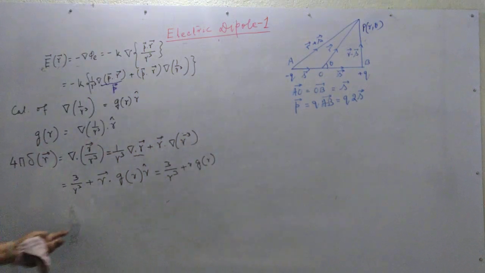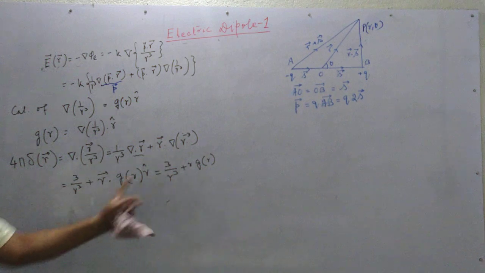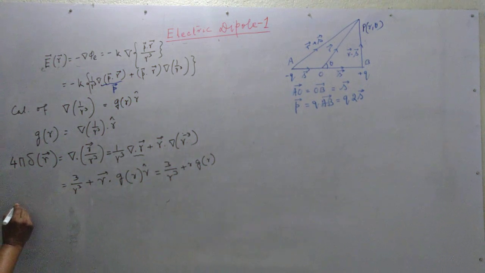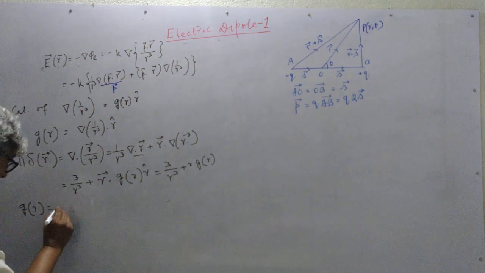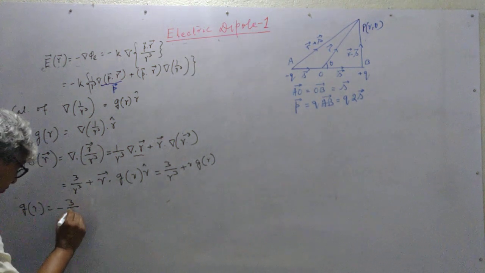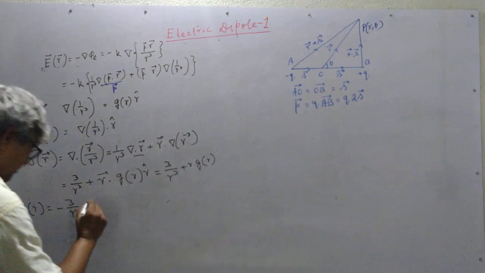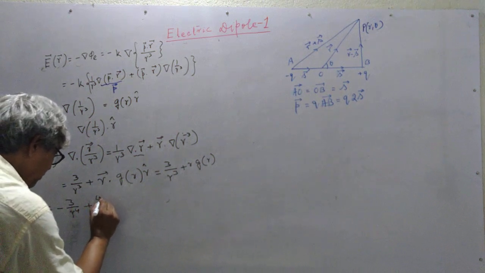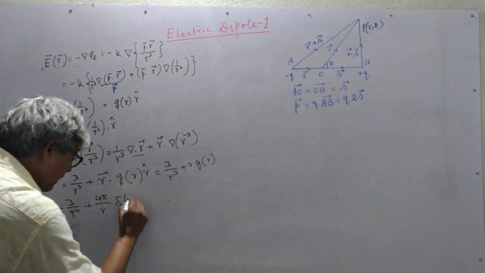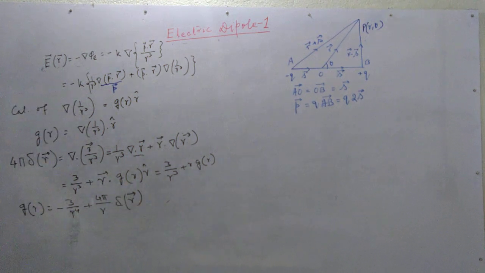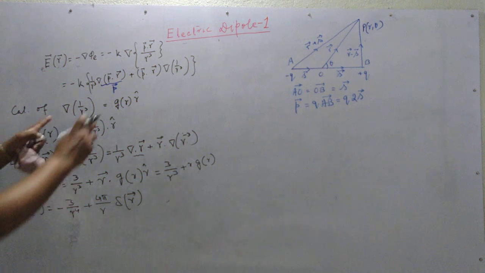So g of r is obtained by dividing both the sides. When this is taken to the other side, this is minus 3 by r to the power 4 plus 4 pi r delta of r.